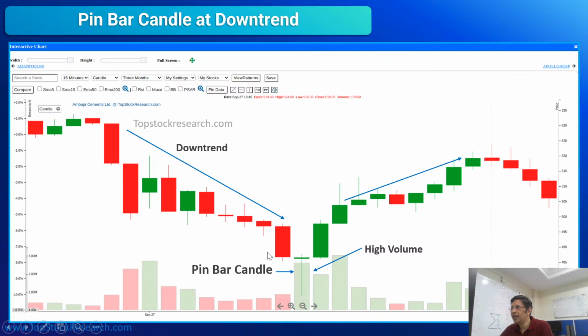If it is formed somewhere in the sideways market, right? So at least during that trading session, it tells a lot of information about where the market is likely to go. But in a sideways market, obviously it is better to wait or keep a stop loss, unless there's very strong volume which is completely getting in there, right?